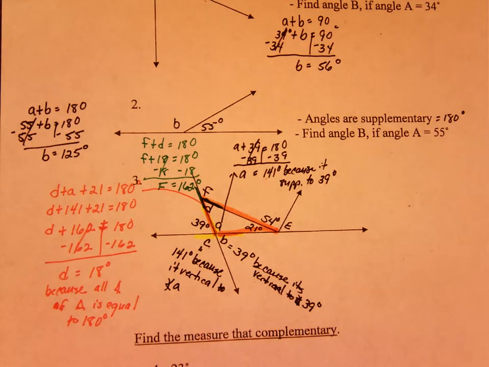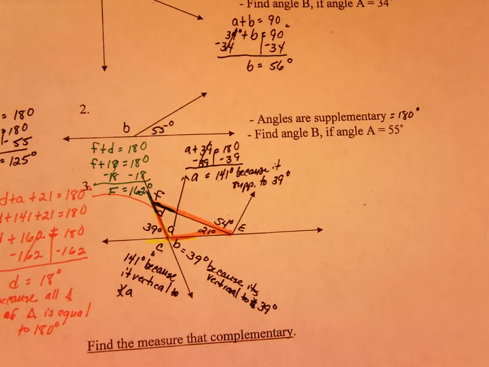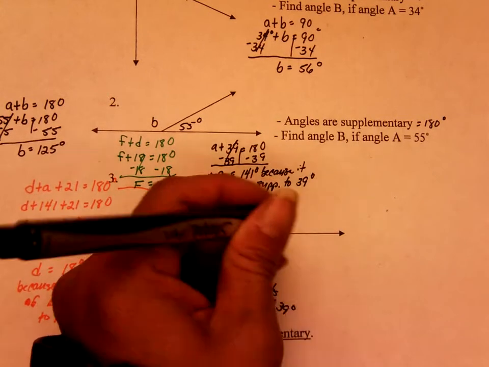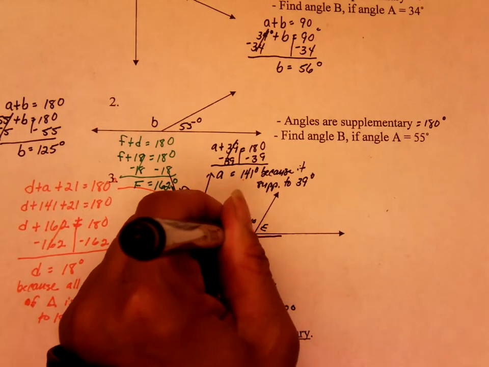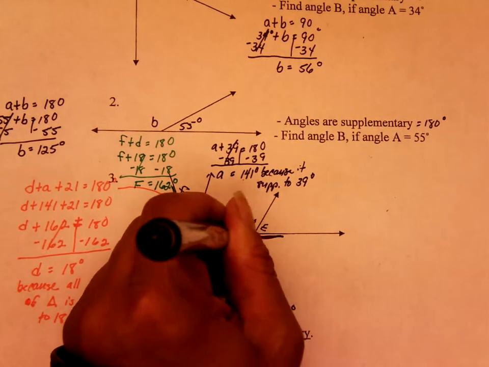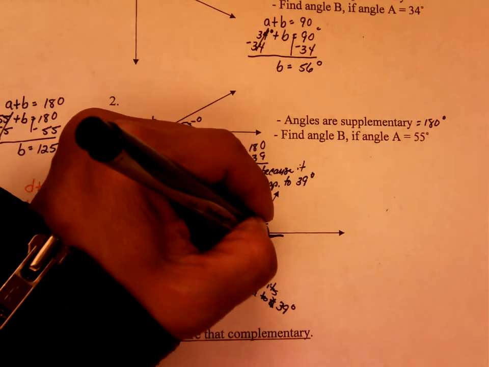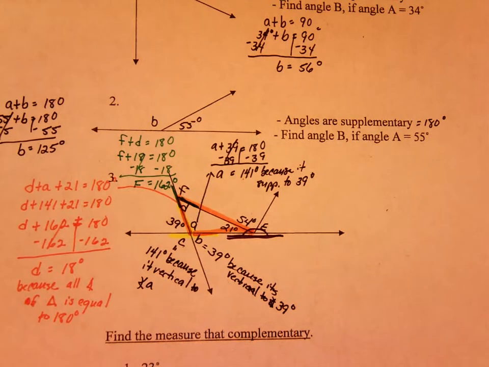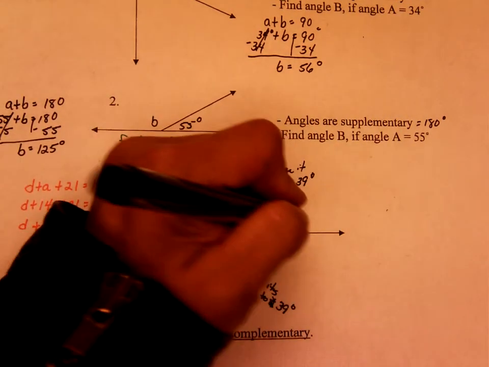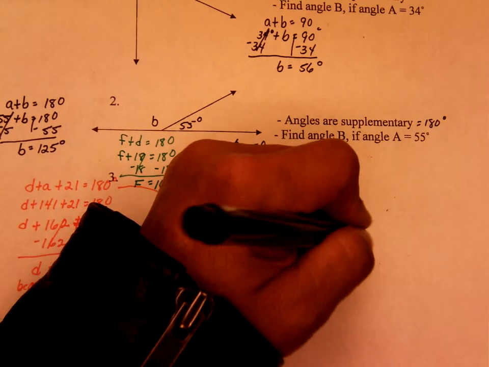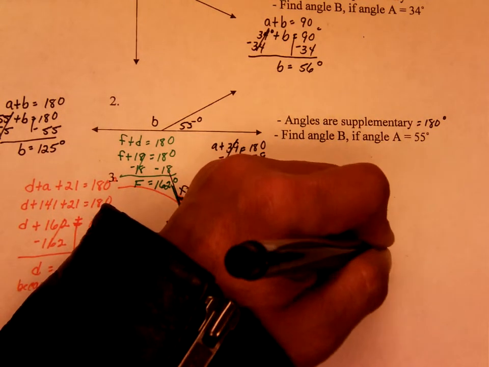And then the last part is E. I want you to look at E. If you look at E, I'm going to highlight this part right here. What does that make right there? If you take all of those, E, 54, and 21, that makes a straight line. So here, to make a straight line, you would have 21 plus 54 plus E is equal to 180.